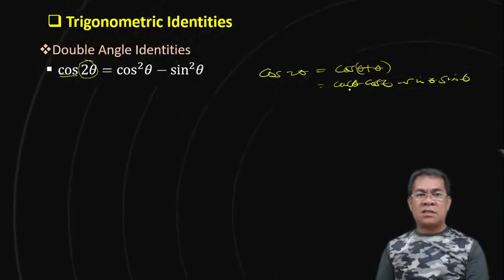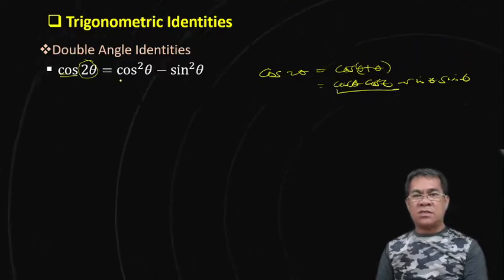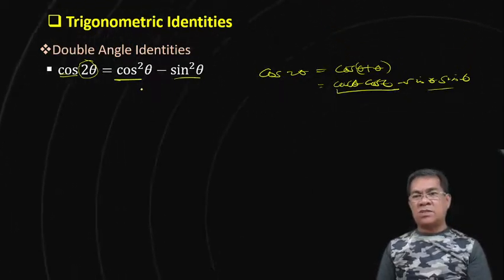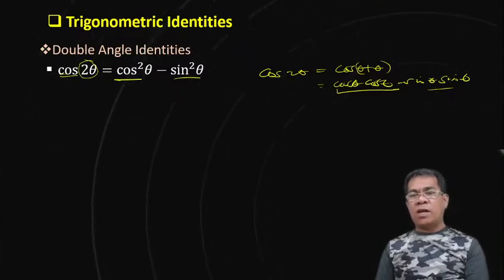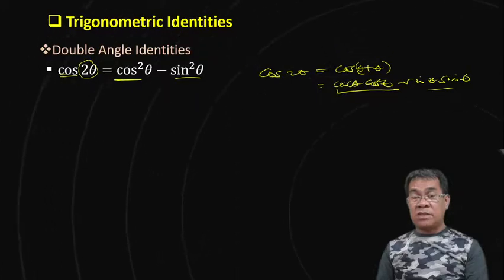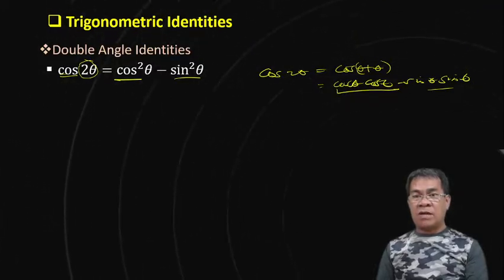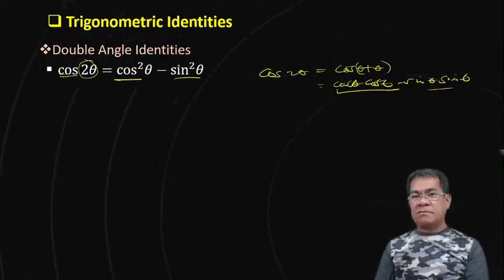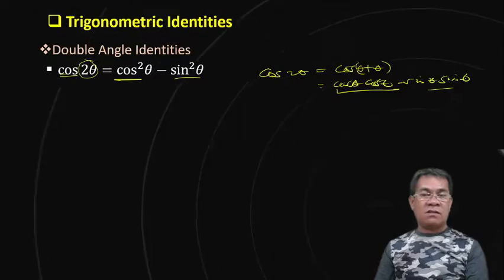So this is the same, that's why this is cosine square. This is the same, that's why it's sine square, so it's minus. Which means that the double angle of theta can be replaced by cosine square minus sine square, but take note this is minus. Because if this is plus, this term becomes 1. So for negative, if the signs of these two are different, then it is a double angle.